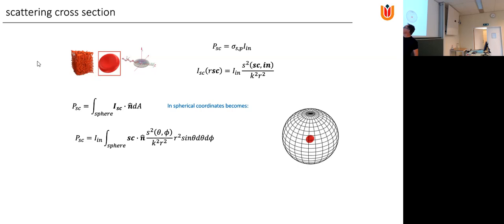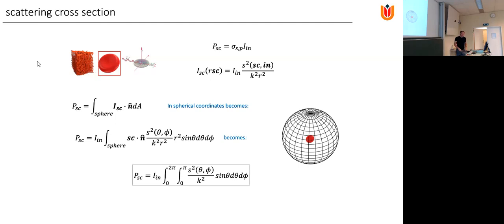We have r squared here in the denominator, but also here by virtue of the dA element, so that will drop out. What we end up with is an expression of s squared of theta and phi divided by k squared, which should be integrated over sine theta d theta d phi. That integration has to be carried out over the whole sphere.